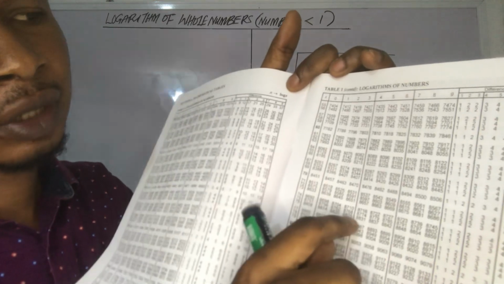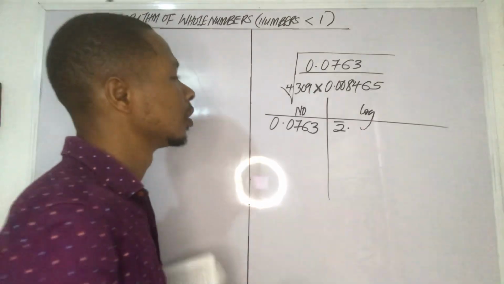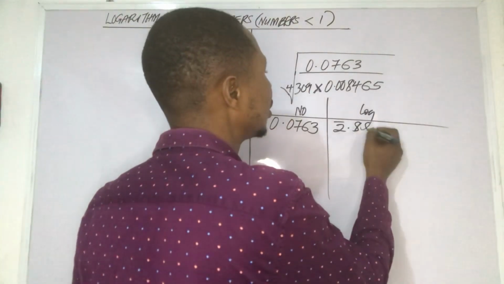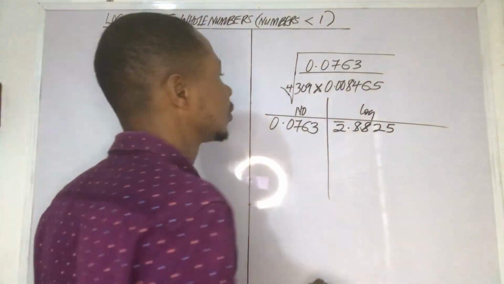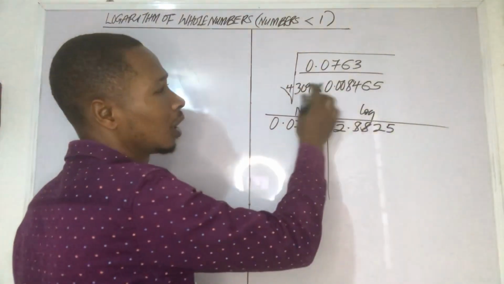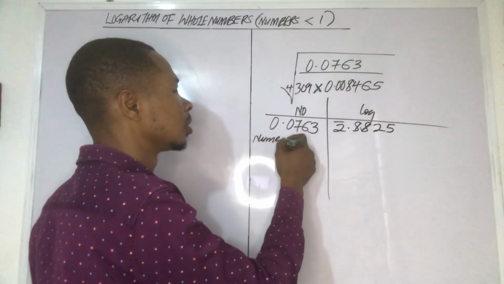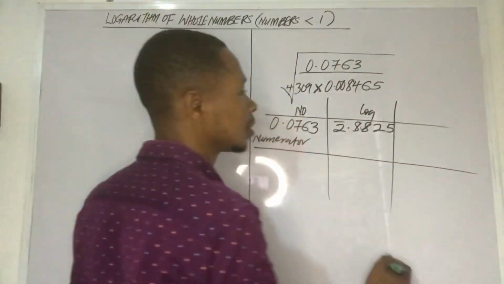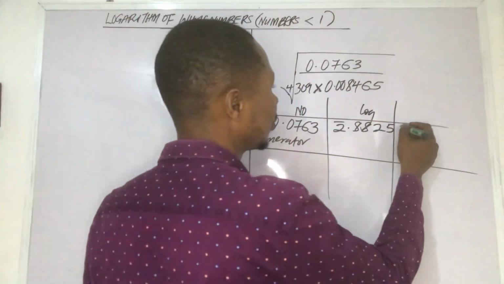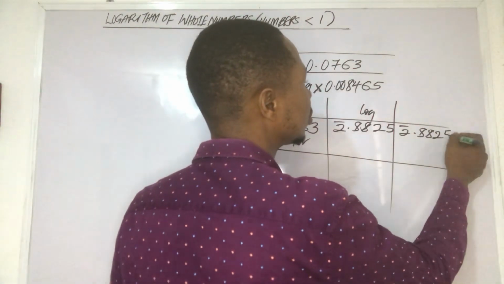So 76 under 3 is 8825, no difference. Now, seeing that the characteristic is up and the mantissa is down, I'll write the numerator here and take this number outside. That will be about -2.8825.